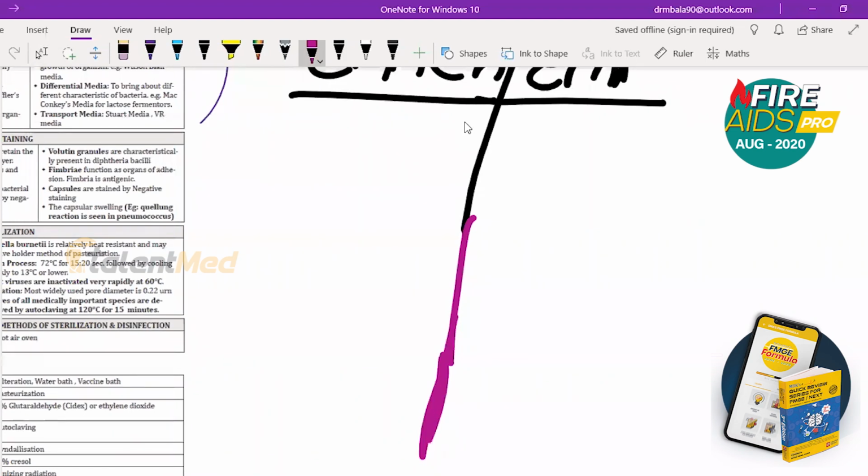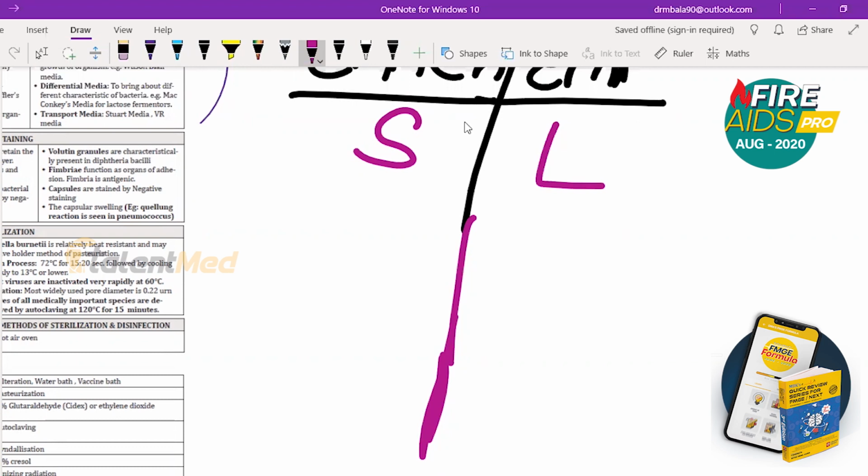Yeah, okay. So enriched versus enrichment media. The first point you need to remember: enriched media is a solid media. Enrichment media is a liquid media. This is commonly asked as an MCQ. Enriched media is used to grow the fastidious, or necessary, microorganisms.